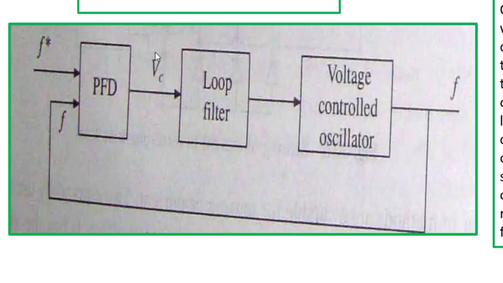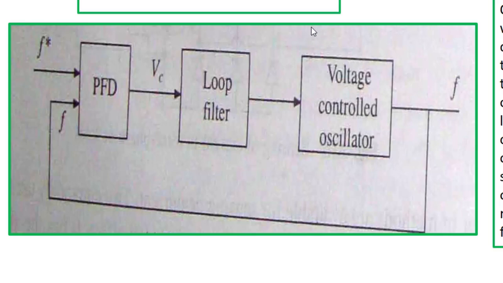After obtaining this pulse width modulated voltage control signal, it is fed to a loop filter to obtain a DC output voltage, which is the control voltage for this block. Here it is nothing but a voltage controlled oscillator. Upon getting this DC input signal, it will generate an output signal of a certain frequency. This output signal again becomes the input of the phase detector, and the voltage controlled oscillator will generate this frequency in such a way as to reduce the phase difference between the two signals.